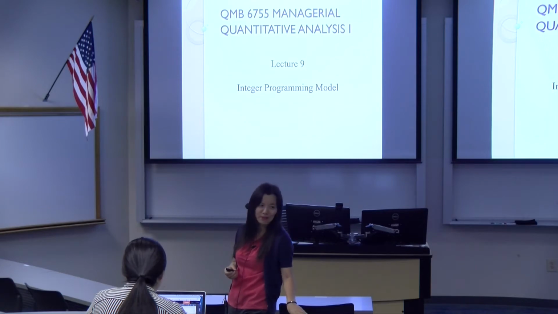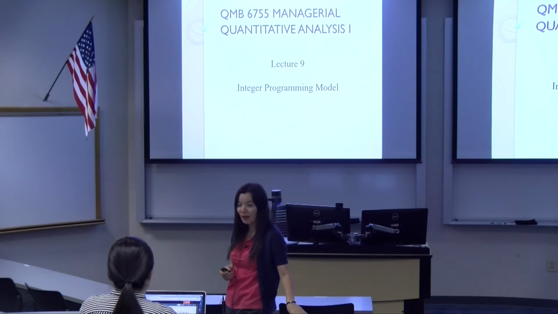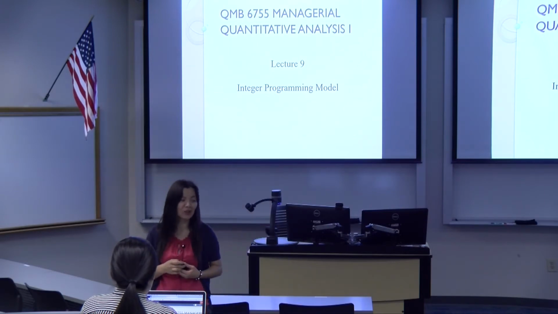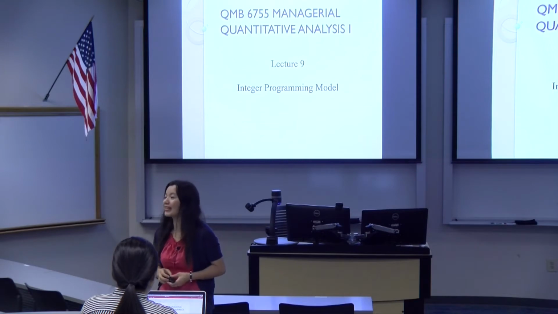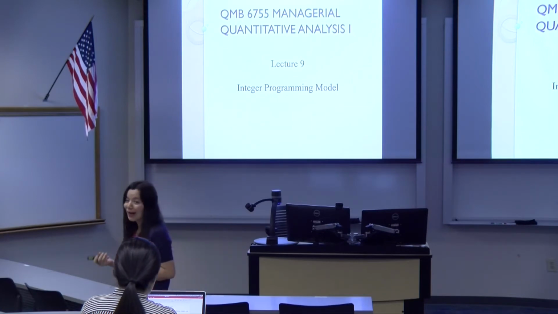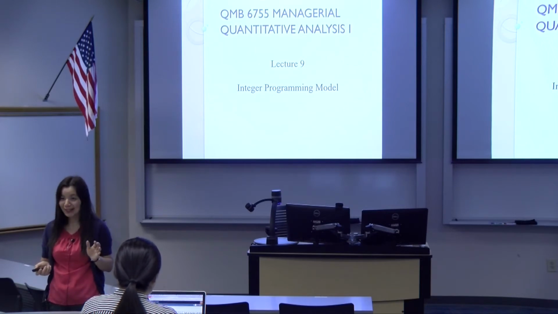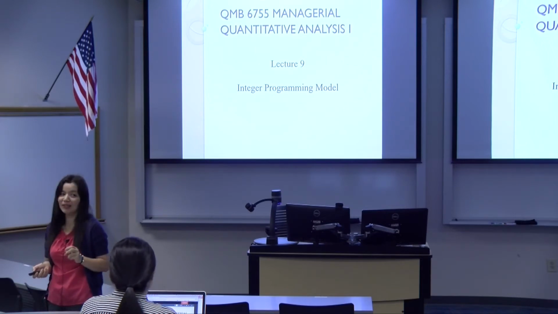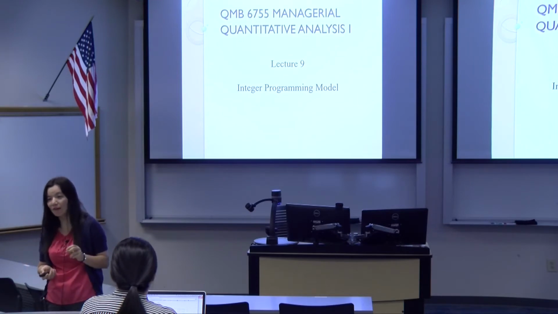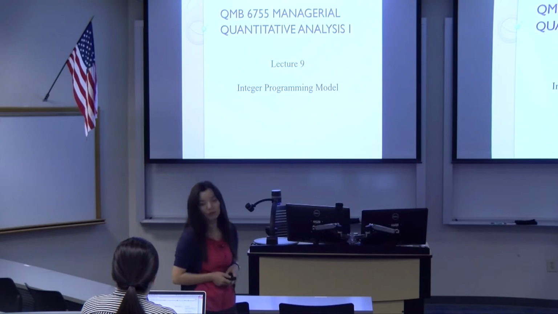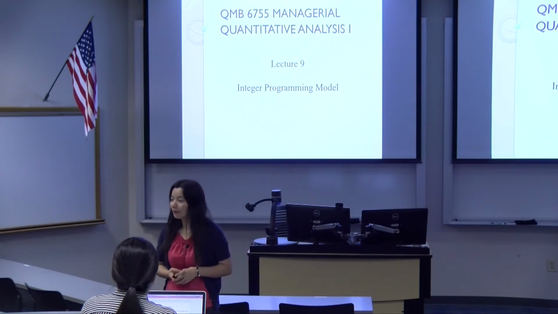Say the furniture company can make 1.5 tables or 20.5 chairs. No, right? So what is the natural way to make it an integer solution? You round it up or round it down, right? It looks easy, it's natural, and the linear programming model is easy to solve. All the solvers will give you the solution in a short time.